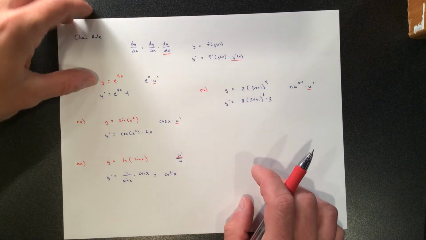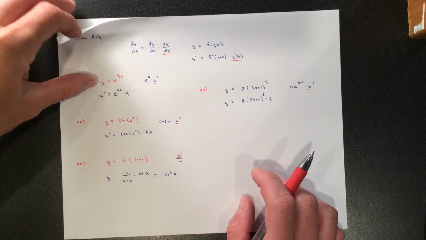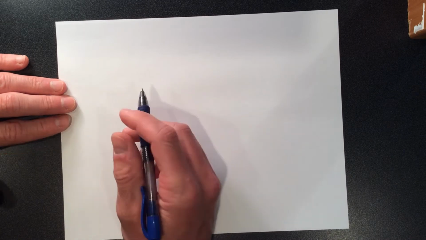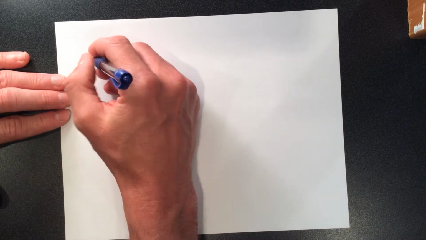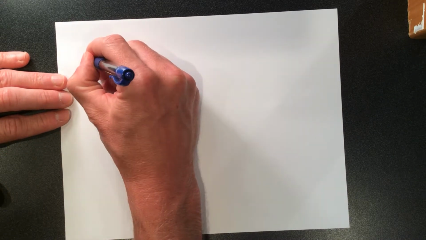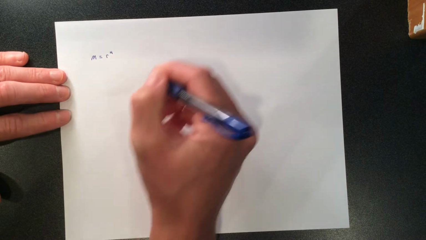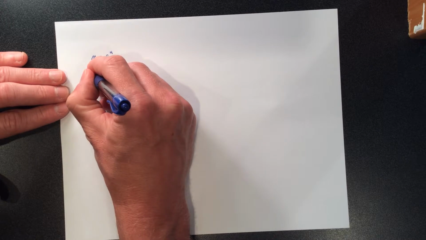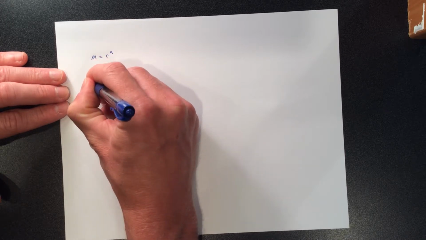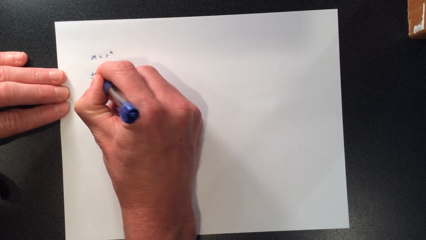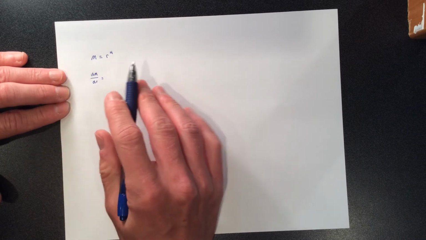Okay? I'm going to show you formally how this works, or maybe even why this works. So what I'm going to do is make up some crazy letters that you might not see much of. Let's say we have some function m that's equal to r to the fourth. What if I said find the derivative of m with respect to r? Well, that's easy. Again, we're not taking the derivative with respect to x.